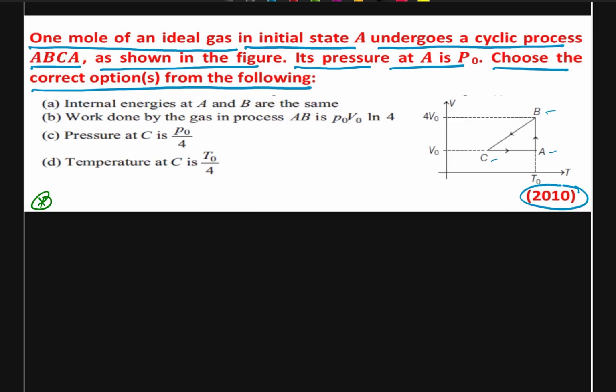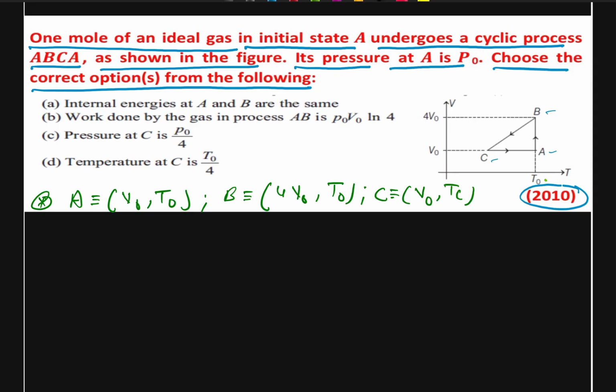First of all, let's write the states which are given to us. We are given that A has pressure P0 and volume V0, and let's write in the form of temperature, temperature T0. B has volume 4 V0 and temperature T0, and C has a volume of V0 and temperature, let us suppose, Tc.